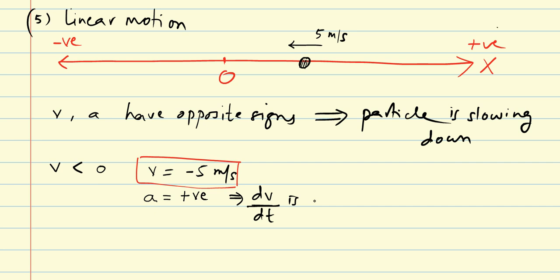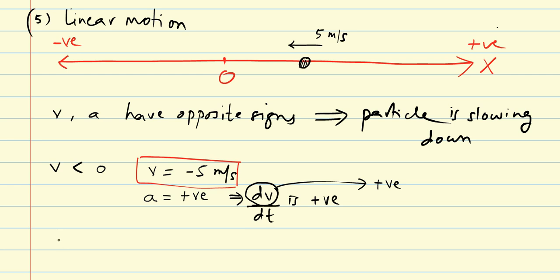dV by dt is positive, and by the logic which we discussed earlier, it means that dV is a small positive number. So what this means is the following.